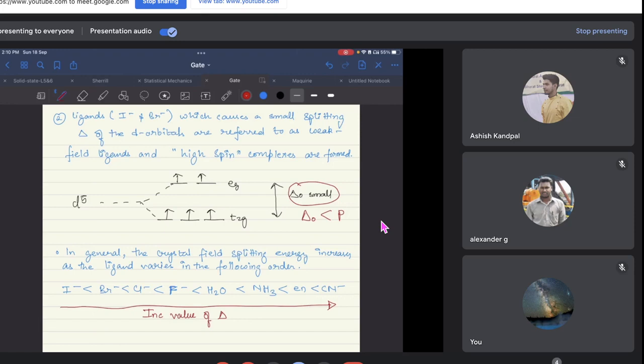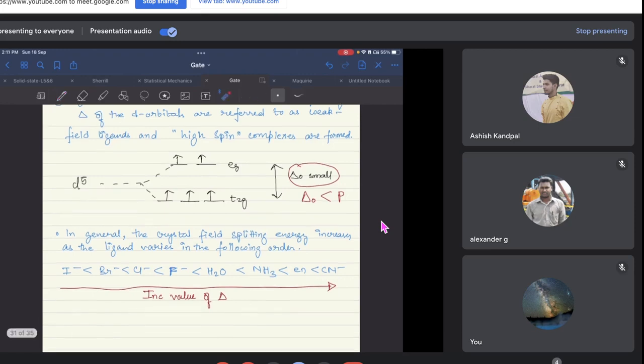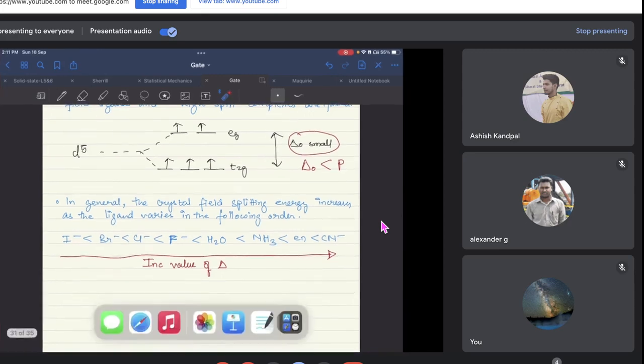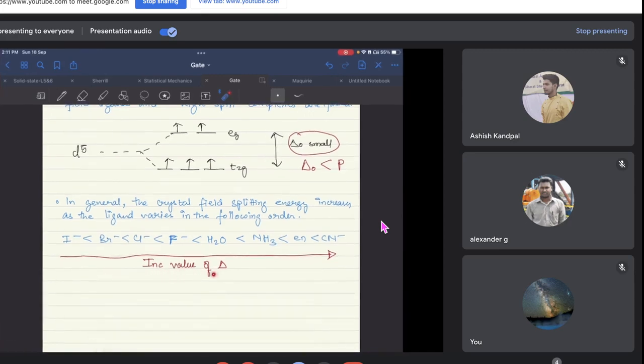In general, you can go through the order in which the crystal field splitting energy increases as the ligand varies. This is in increasing value of delta, from I negative to CN negative. CN negative is the strongest field ligand, which will make the delta naught splitting very high.